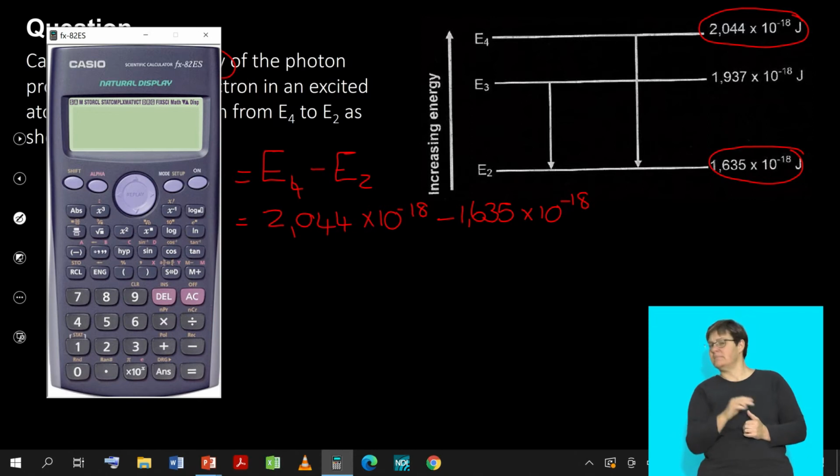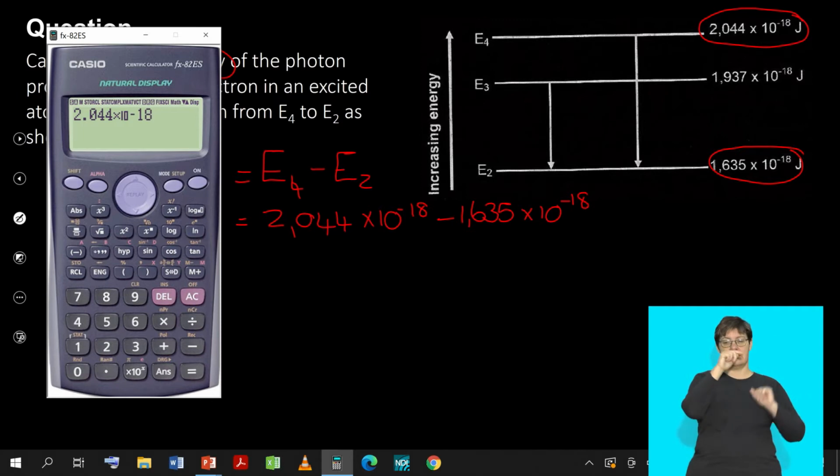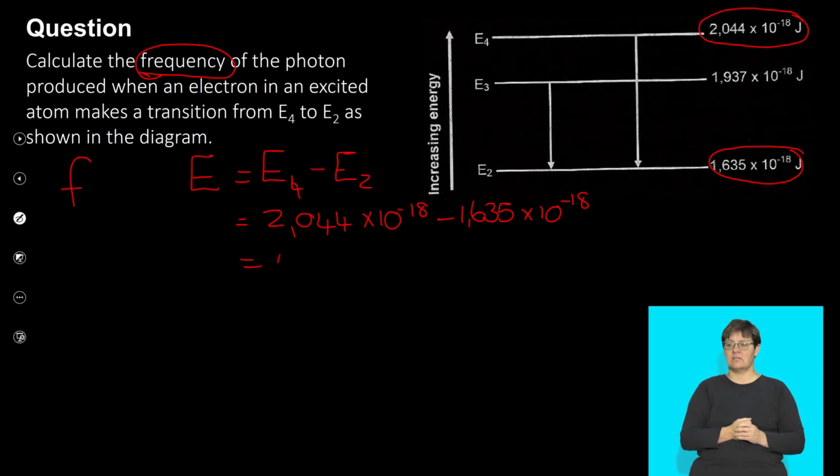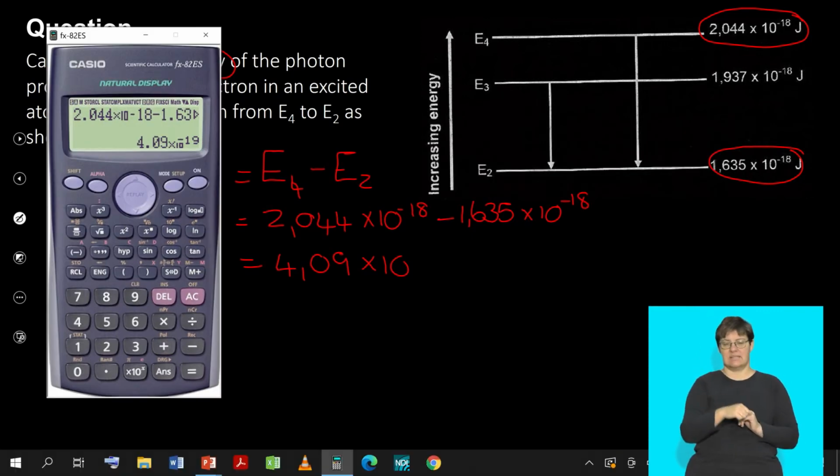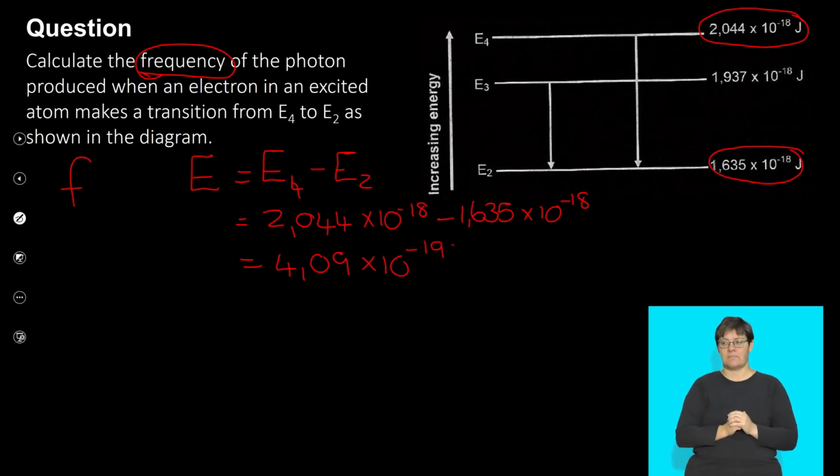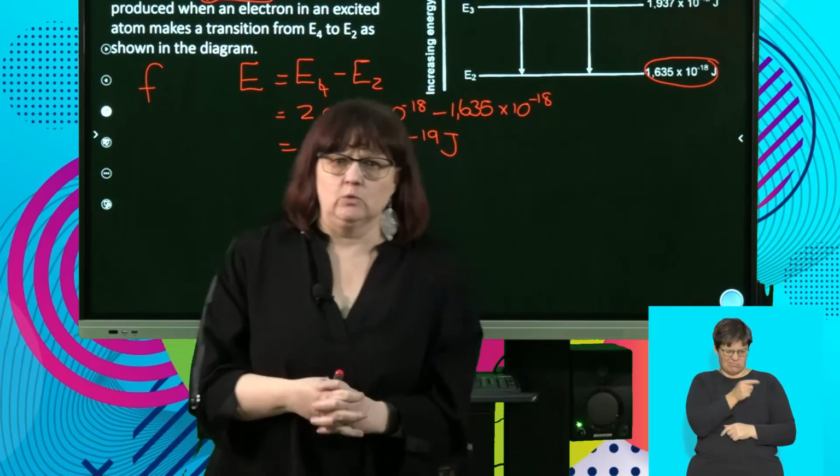So let's see, we've got 2.044 to the minus 18 minus 1.635, yep, times 10 to the minus 18, and I get exactly 4.09, which is actually quite nice. So this gives me 4.09 times 10 to the minus 19. I think that's what we saw. Yep, to the minus 19. I know it's small, but we've done lots of calculations and we know these values are small.